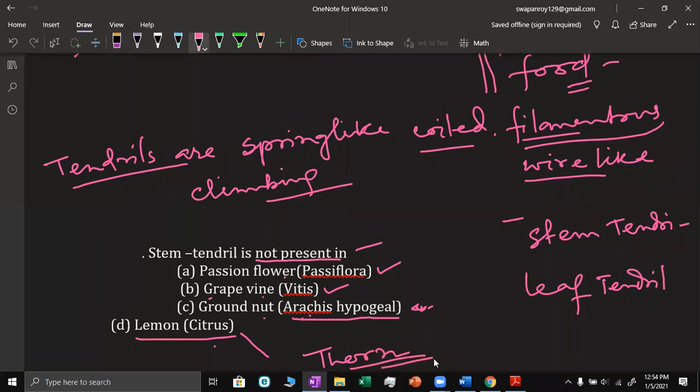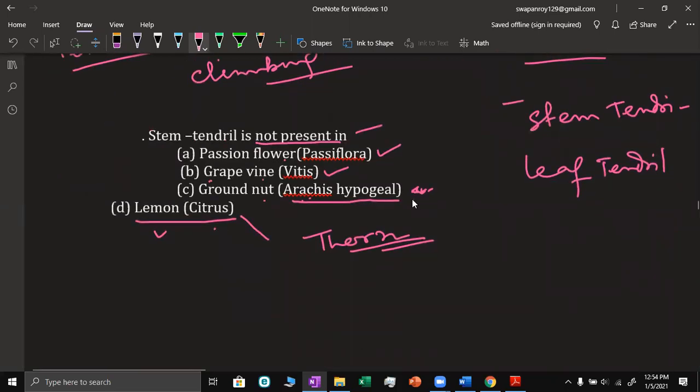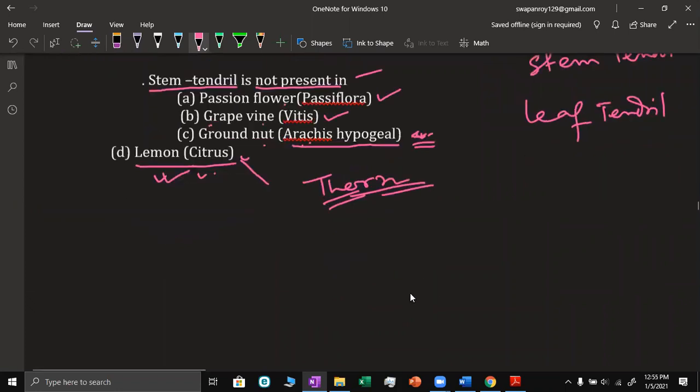Stem modification is thorn in the case of lemon. So there is a little problem here. But yes, in lemon any type of tendril is not present. Lemon has thorn.